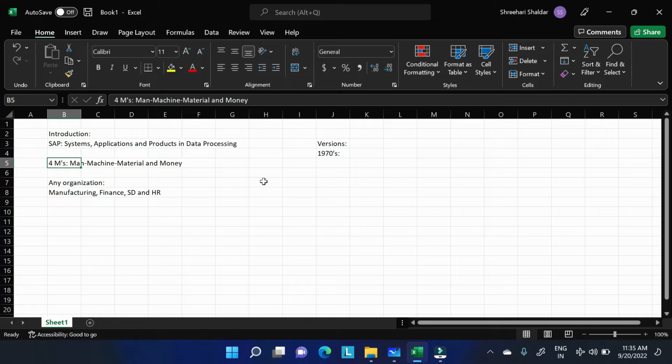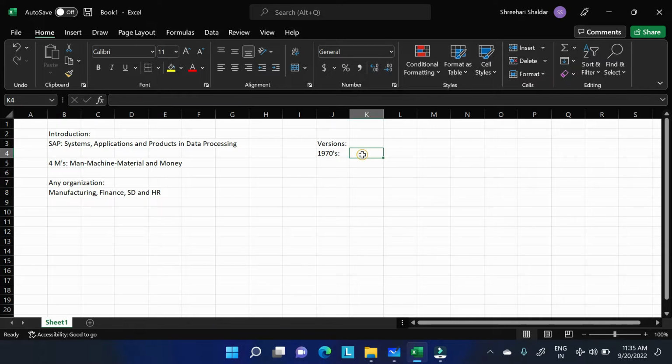It might be a service, banking, or finance, anything. They got the idea and started working on it.